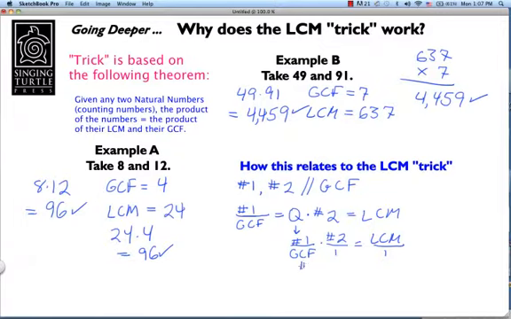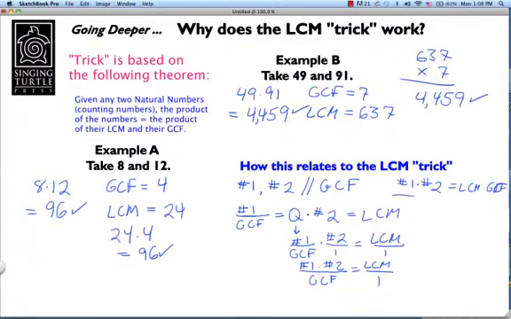I'm going to write the LCM over 1 too. Sometimes I think it's easier to see the fractions. What this gives us, of course, is that we can just make one big fraction. Number 1 times number 2 divided by the GCF equals the LCM over 1. All we have to do now is cross multiply. We're going to take this proportion basically and we're going to cross multiply, and what we get is the following: number 1 times number 2 equals the LCM times the GCF.